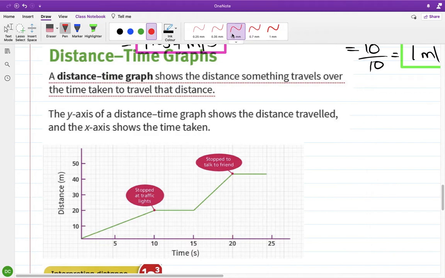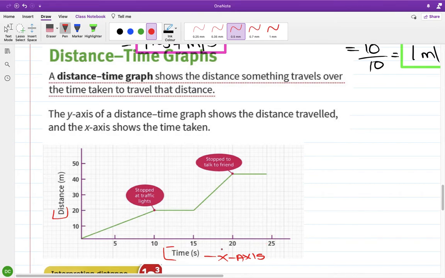So a distance time graph shows just that. One axis, you can see it here, has the distance on it, and one axis has the time. The time is always on the x-axis. We did a lot of work on this in first year, regardless of which maths class you're in, when we were doing patterns on graphs.